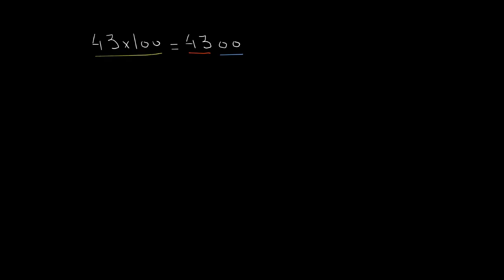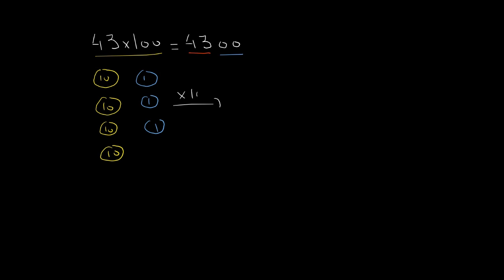If you want to think about it in terms of discs, you can certainly do that. You'll have 4 discs of 10, and maybe 3 discs of 1s, and you will multiply it by 100. You know that 10 hundreds are 1,000.